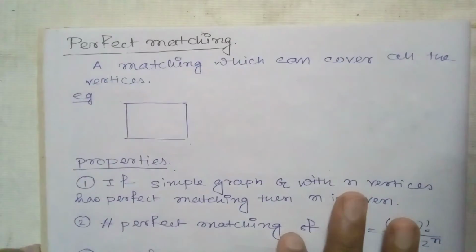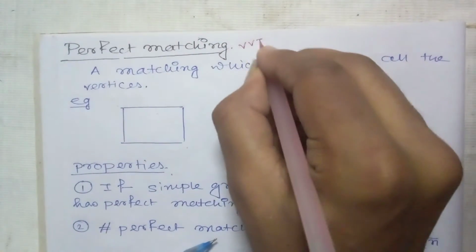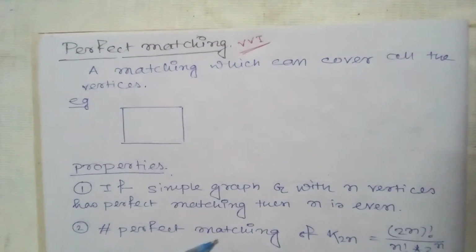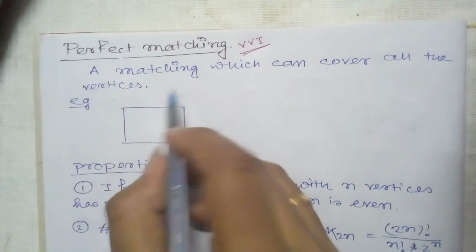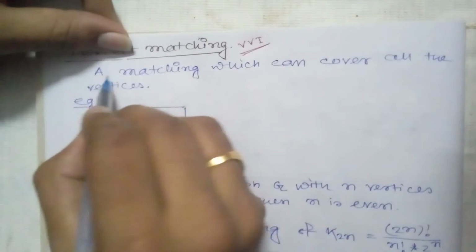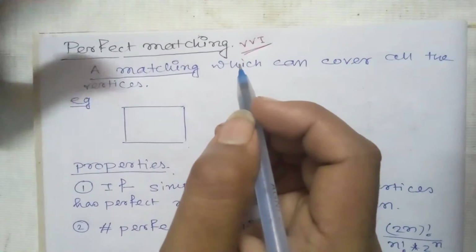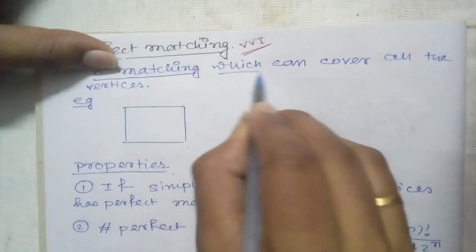Next we have perfect matching. I can say this is a very, very important topic. So let's see the definition of perfect matching. It says this is a matching, first of all, which can cover all the vertices.